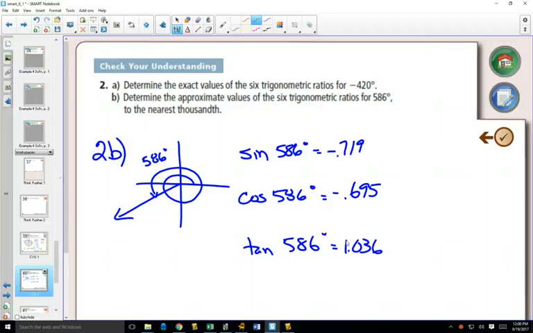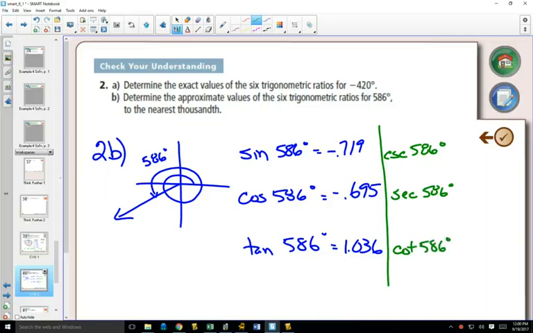Now I'm going to do the reciprocals of each of these right beside. So cosecant of 586, reciprocal of cos is secant of 586, and the reciprocal of tan is cotangent of 586.